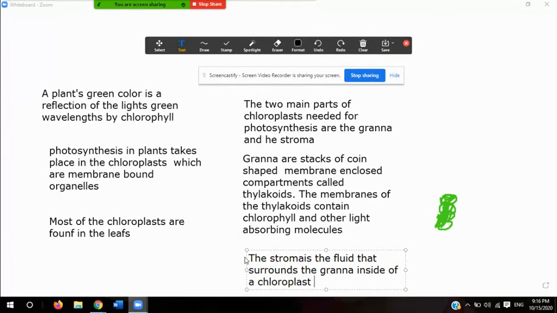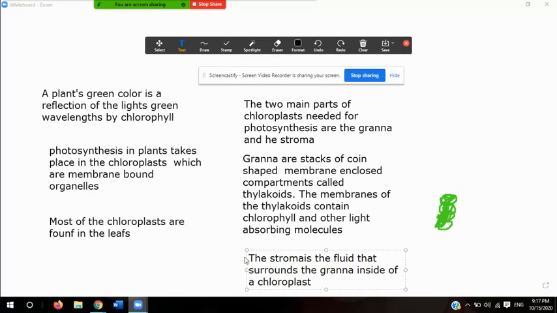And we're going to go over some of the other concepts of the light dependent and the light independent phase. So let me get myself organized here, and that way we can start discussing that. I'm going to summarize this as best as I can, and we're just going to talk about the two main points of the light dependent and independent phase, and that should be the end of this video, right?